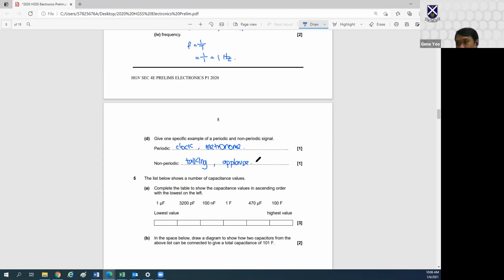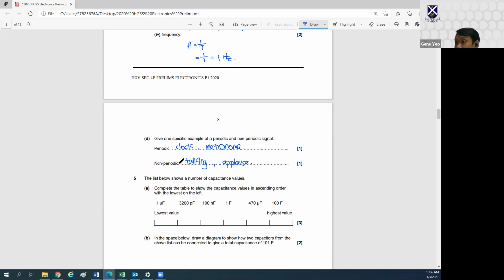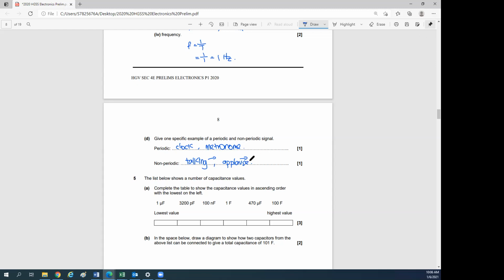So does anyone have any questions on part D? But didn't they ask for a signal? Yes. So I'm going to assume that this talking and this applause is going to be fed into a transducer. So what's your answer, Shreyans?